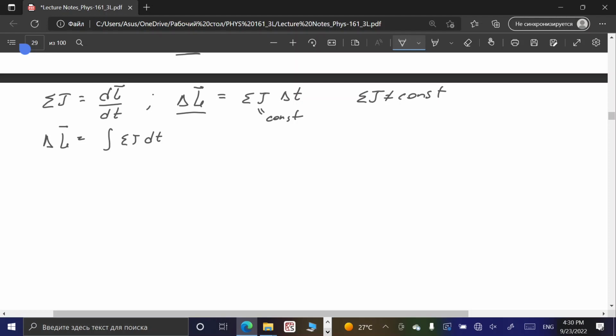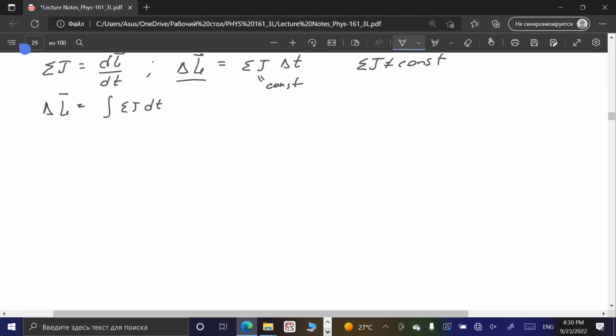In that case, orientation of the angular momentum vector will coincide with the orientation of the angular velocity vector. That is not going to be true for an arbitrary shape body and some random position of the axis of rotation. That discussion definitely goes beyond the scope of our course. So we definitely consider the simple example.